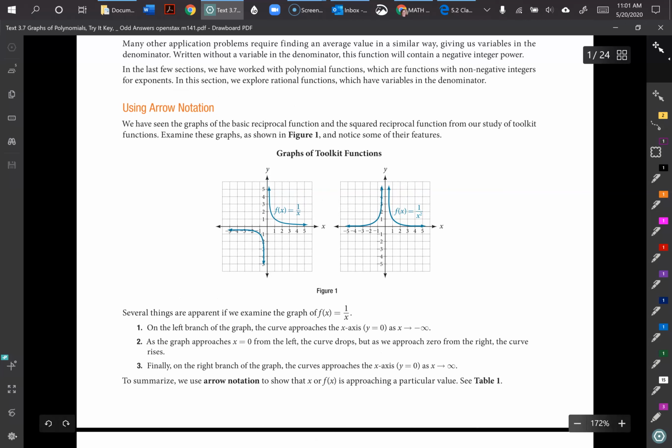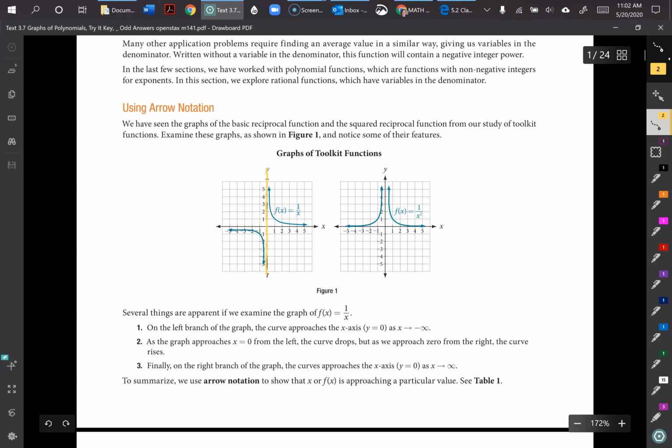So we have the arrow notation that we want to use to guide us through making graphs, and I will talk about this more. But if you're familiar with the parent functions here, so if we have 1 over x, the graph presents this way, like the one on the left. So you would have your arrows approaching in the opposite direction of the asymptote.